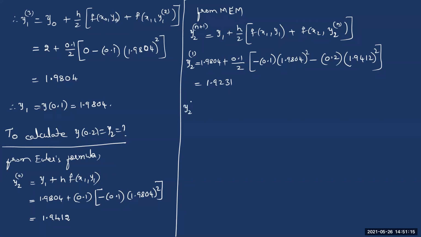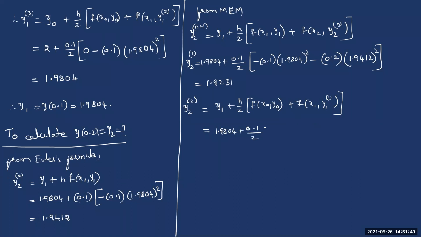Next, similarly, if you calculate the second approximation, I'm just writing the formula once. It is y1 plus h by 2 times f of x1, y1 plus f of x2, y2 first approximation. Now see here, if you substitute the values, 1.9804 plus h. How much is h?